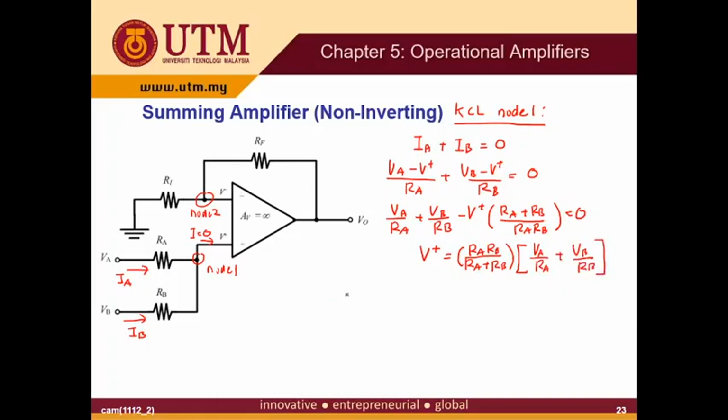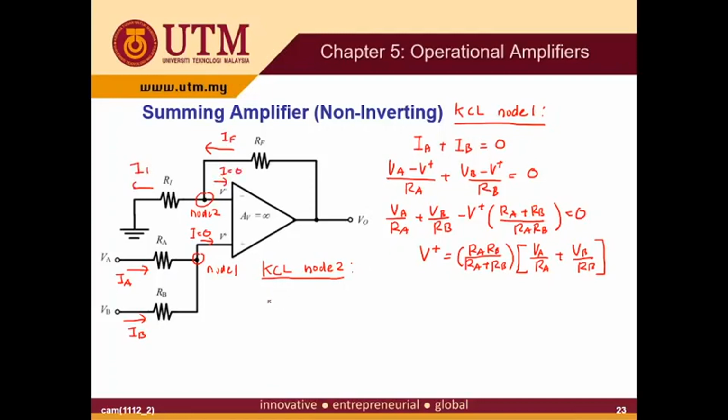Next you do the KCL at node number 2. You have IF, I1, and the current equal to 0.